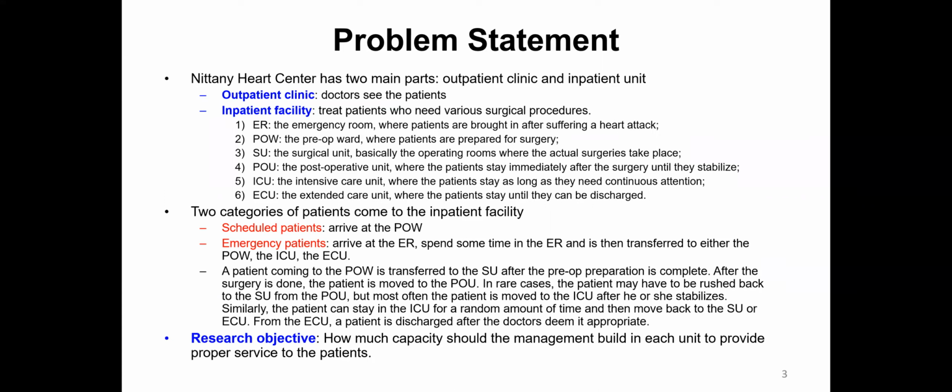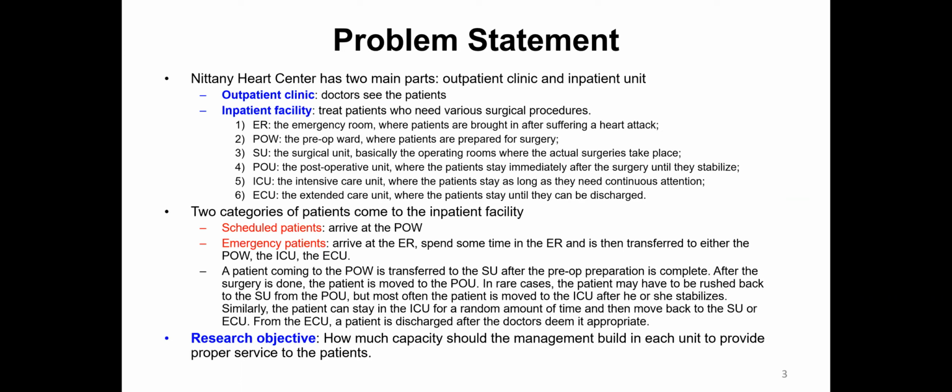So a patient who comes to the pre-op ward, that is POW, is transferred to the surgical unit after the pre-op preparation is complete. After the surgery is done, the patient is moved to the post-operative unit. In rare cases, the patient may have to be rushed back from the POU to the surgical unit.